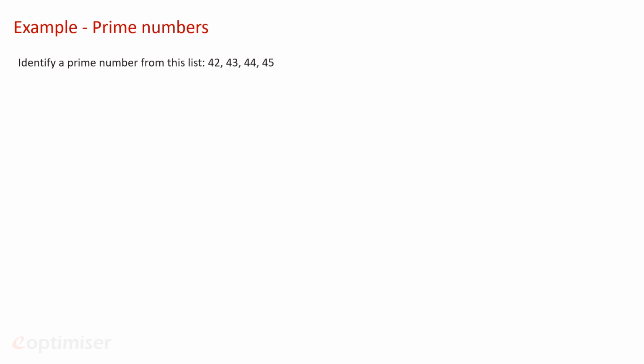In this example, they ask you to find the prime number from the list 42, 43, 44 and 45. What do you have to do? You can remove all the even numbers. If you have 2, you can't remove it. Any other even number you can remove, since 2 can automatically divide every even number.